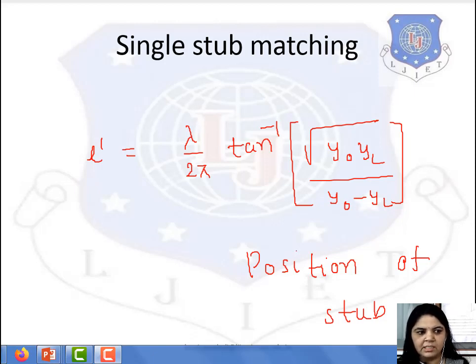So the Smith chart, use of the quarter wavelength transformer, then this stub matching, in that we learned about single stub matching. Similarly, double stub matching will also be there for matching the impedance of the transmission line. So it is required in the transmission line concepts. So keep in mind everything.